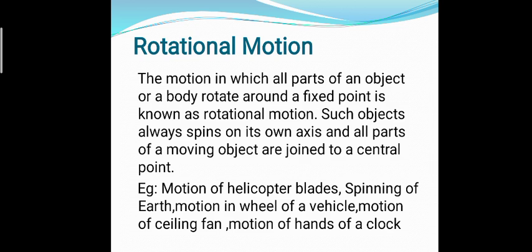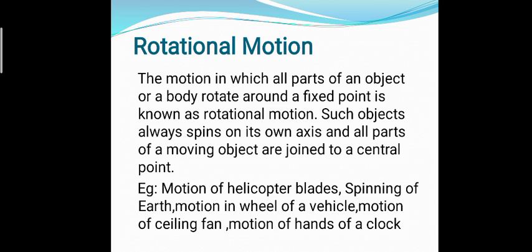Now the next is rotational motion. The motion in which all parts of an object or a body rotate around a fixed point is known as rotational motion. Such objects always spin on their own axis and all parts of a moving object are joined to a central point.